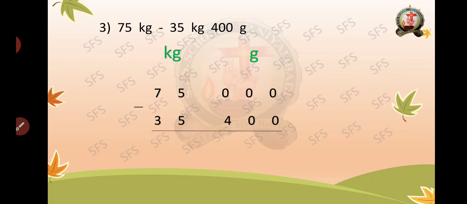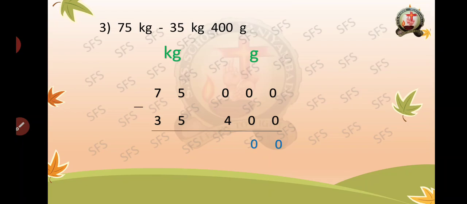Tell me the answer for 0 minus 0. It is 0. Then once again 0 minus 0 is 0. And look at the next number, children. That is 0 minus 4.